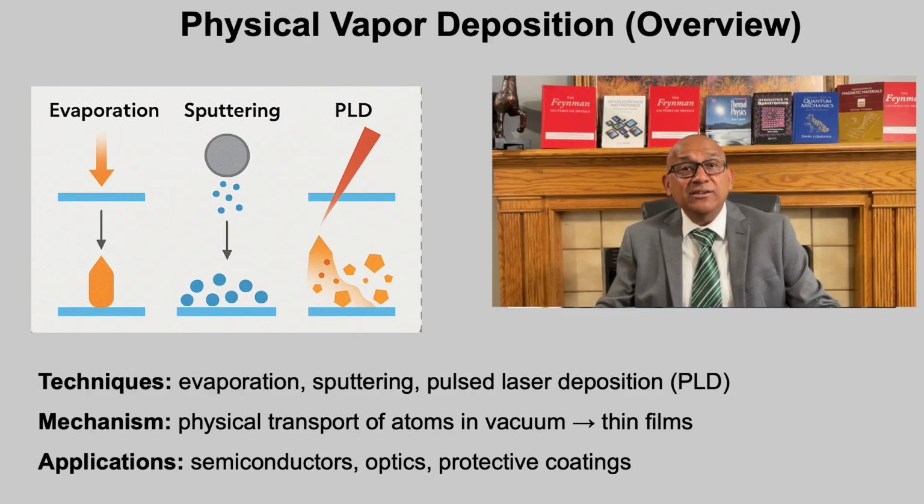In these techniques, atoms are physically transported in vacuum from a source to a substrate to form thin films. You can think of MBE as a very specialized form of PVD, operating in ultra-high vacuum with monolayer control. But it is often discussed separately because of its unique role in epitaxial heterostructures.